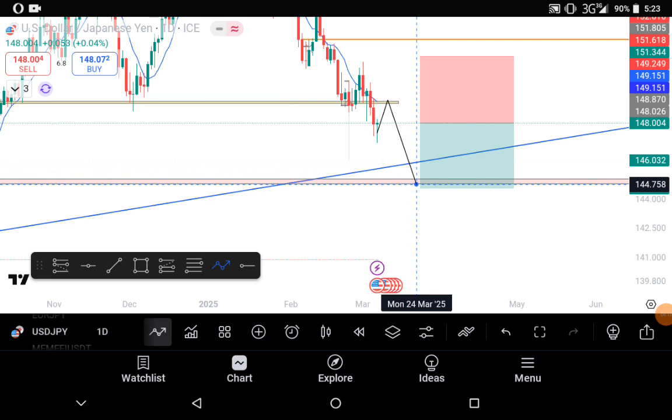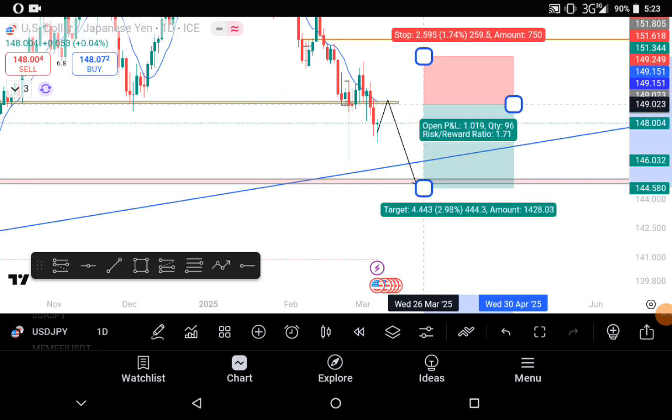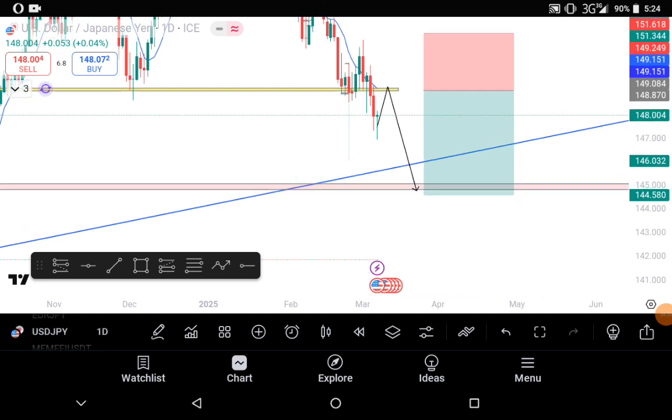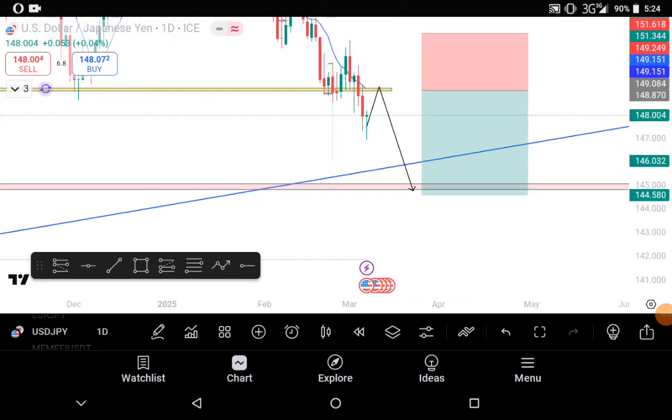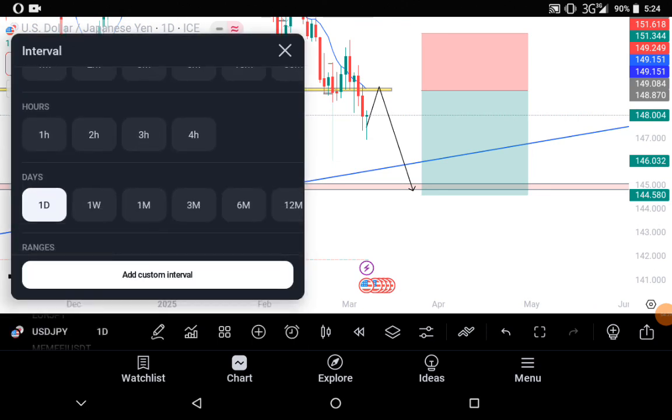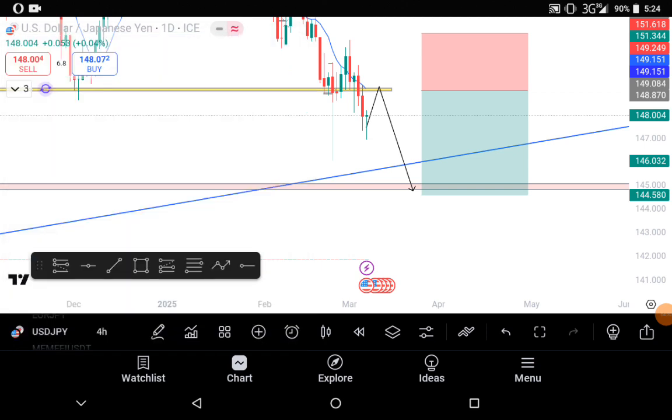So we expect to take the trade around here. But this is a daily time frame, so we cannot actually take a trade on the daily time frame unless maybe you have huge capital and you're a swing trader. Remember, we are scalpers. So now let's move down to the 1 hour, 4 hours time frame.